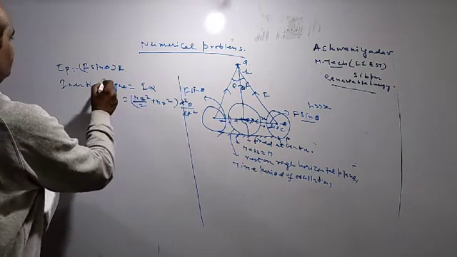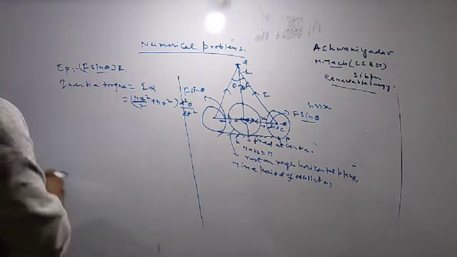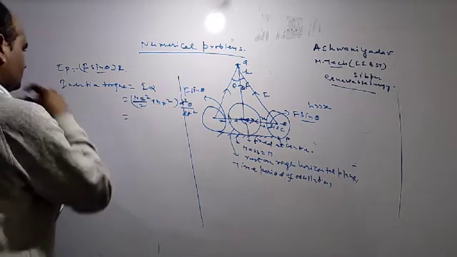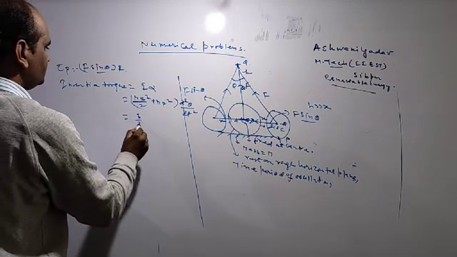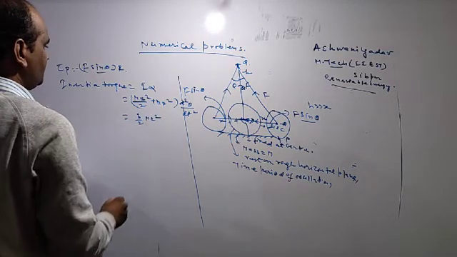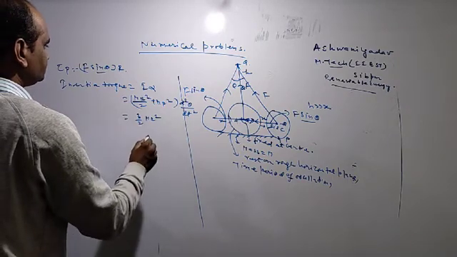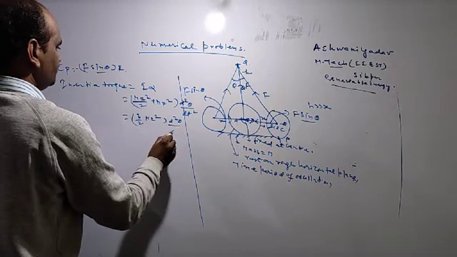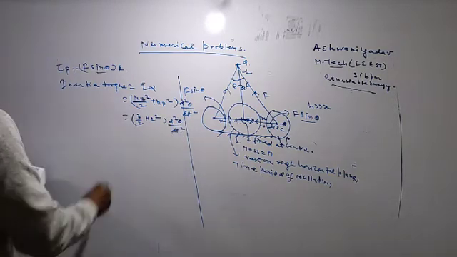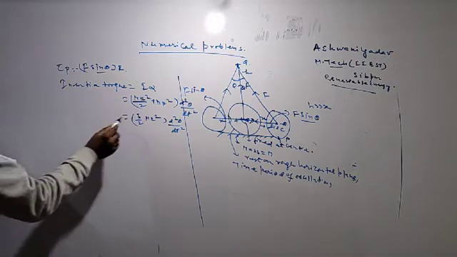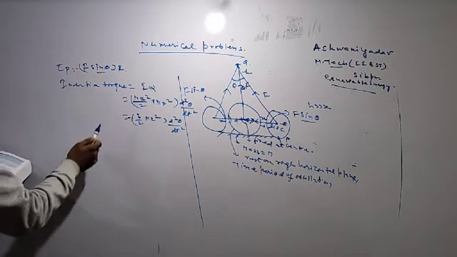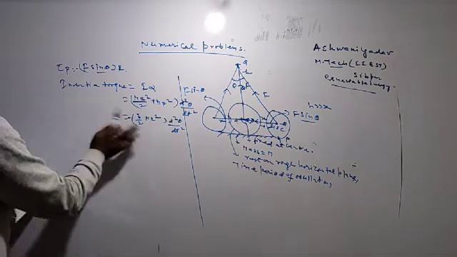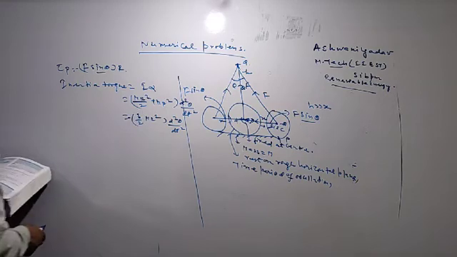Now sine theta. So we have 3 by 2 mr square d2 theta by dt square, and here we can transfer the negative to this side. It doesn't affect anything; you can apply the negative sign on any side of the equation.